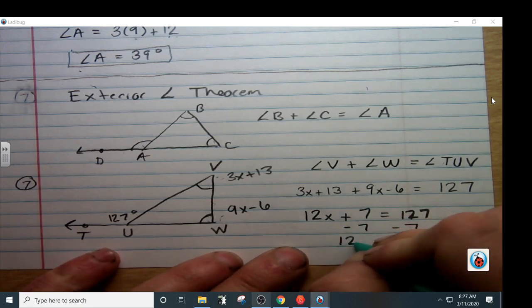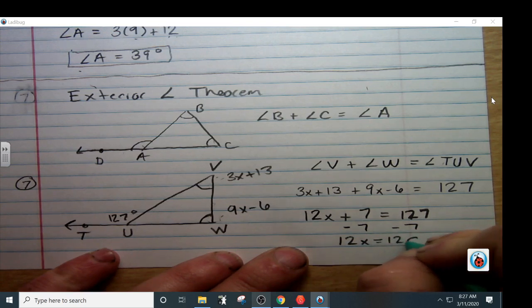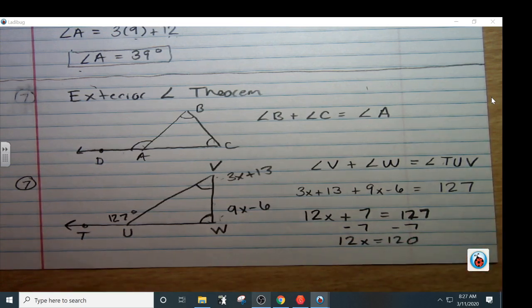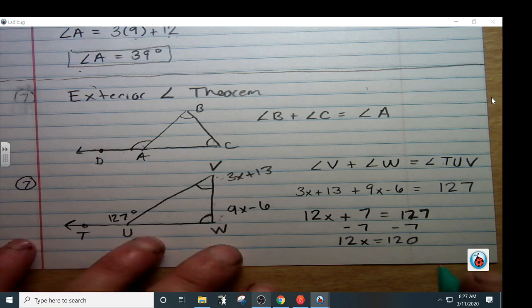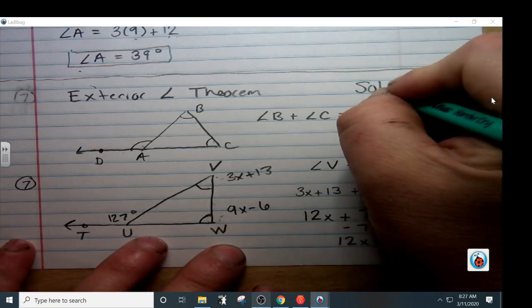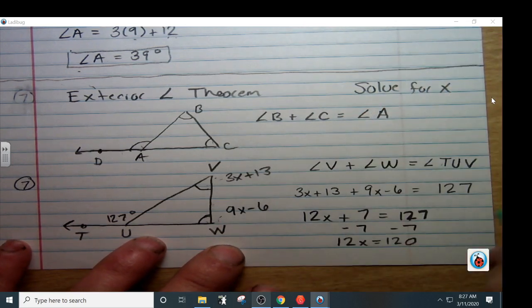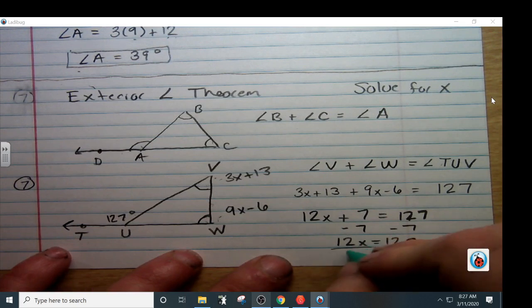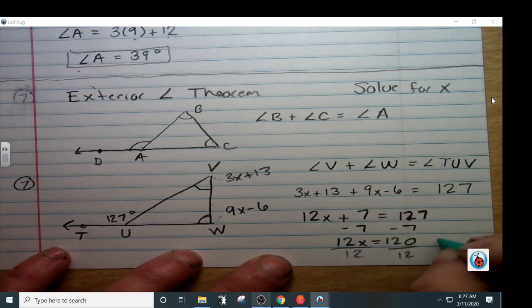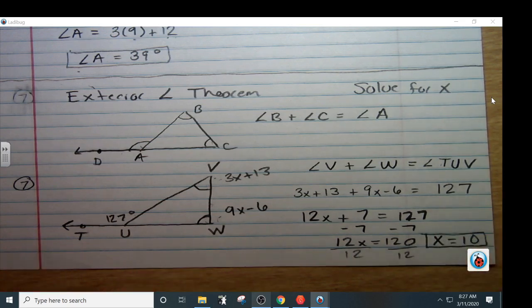That's 12x equals 120. And guys, like I said, we're only solving for x here. Now I'm going to divide. X is 10.